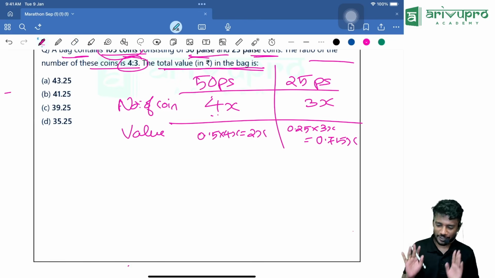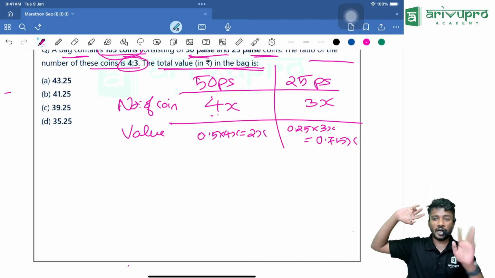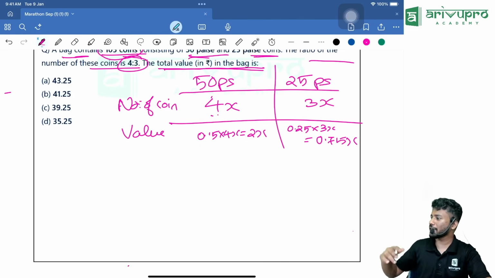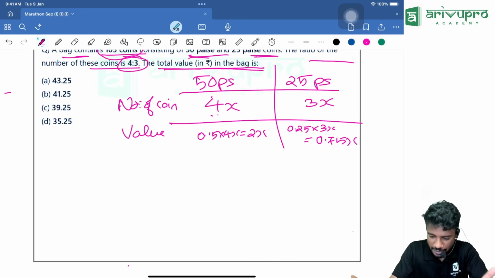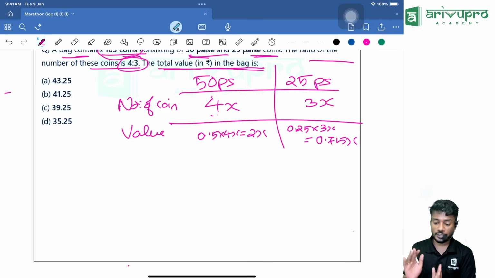So first of all, whenever coin-based questions are there, they will give one of two ratios. Sometimes they will give the ratio of their values. Sometimes they will give the ratio of the number of coins. If they are giving the ratio of the number of coins, they will ask you to find the ratio of total value in the bag.